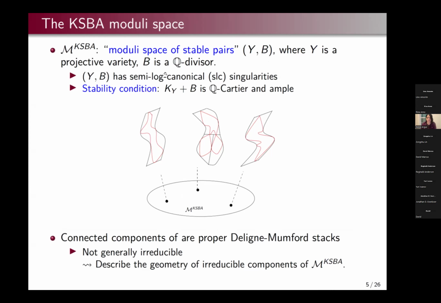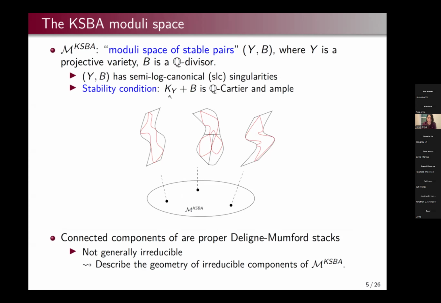The higher dimensional analog of a nodal singularity is known as an SLC singularity or semi-log canonical singularity. And I will not tell too much about this, but you can visualize it just in one-dimensional situation. It reduces to being nodal.